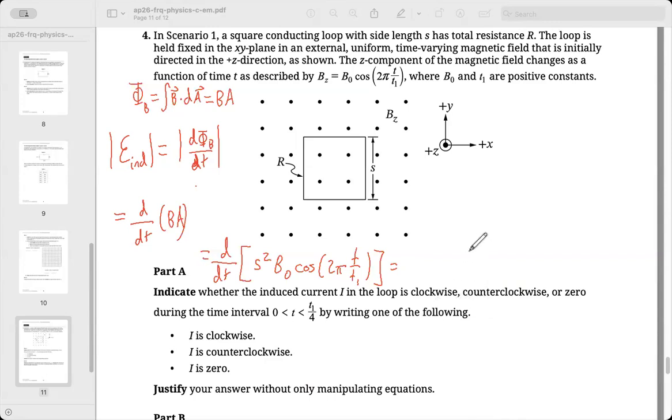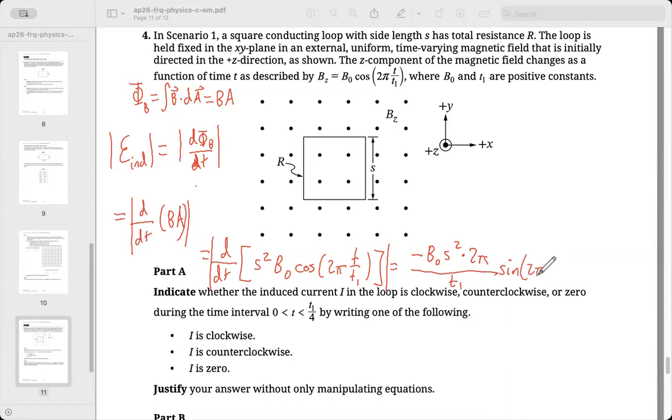The derivative of a cosine is a negative sine, so we are going to have negative B0 s squared times 2 pi from chain rule, all divided by T1, sine of 2 pi t over T1. It should all be absolute value anyway.